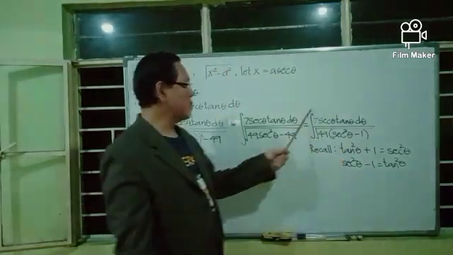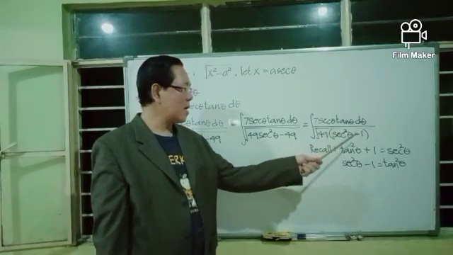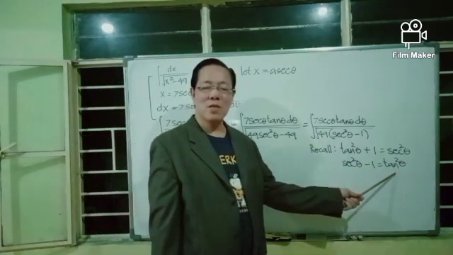And this expression becomes the integral of 7 secant theta tangent theta d theta over square root of 49 multiplied by tangent squared theta.